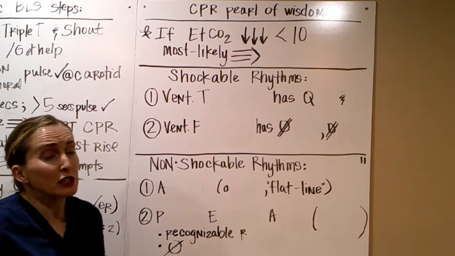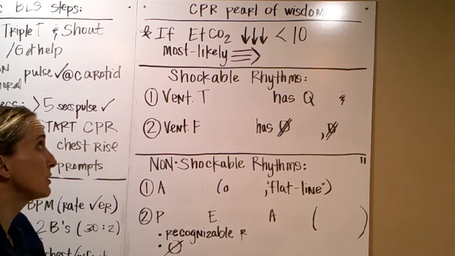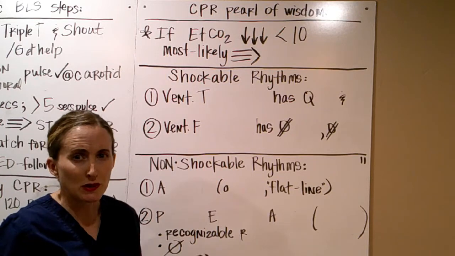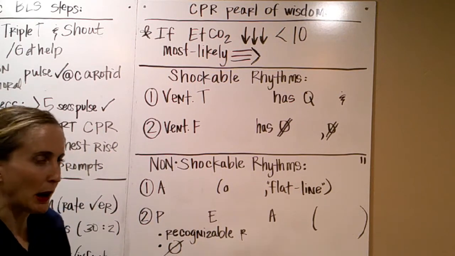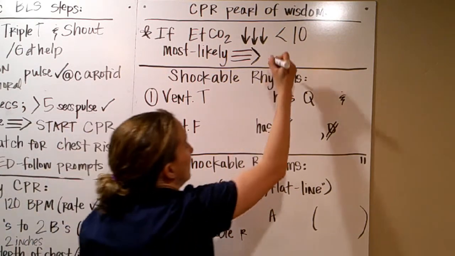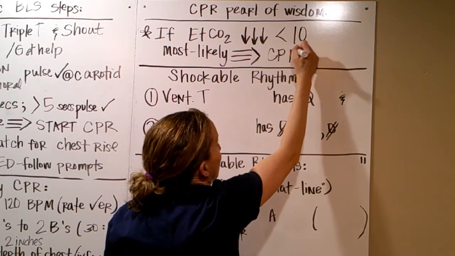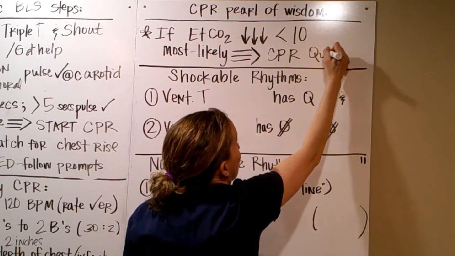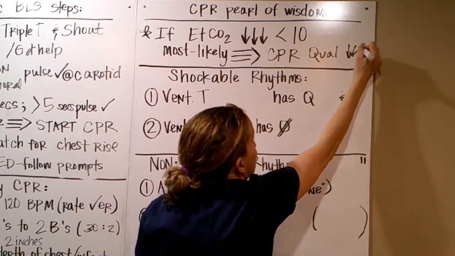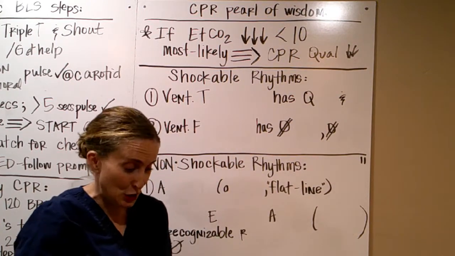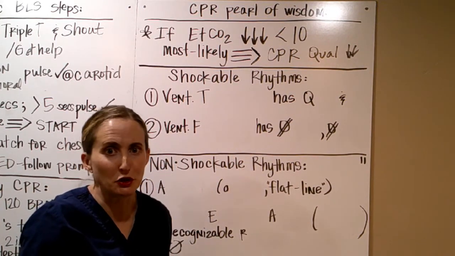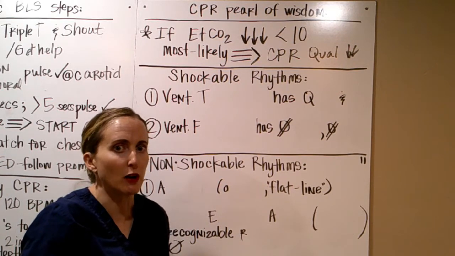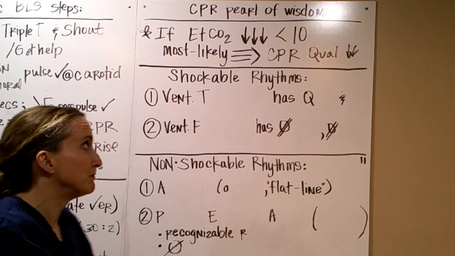So if we really drop off, the reason why, anybody know the reason why? Has to do with CPR. The reason is your CPR quality sucks. So you got to change compressors or change what you're doing, because it's mostly because you've tired out. So don't be afraid to change up.